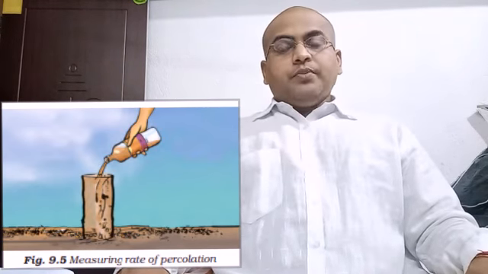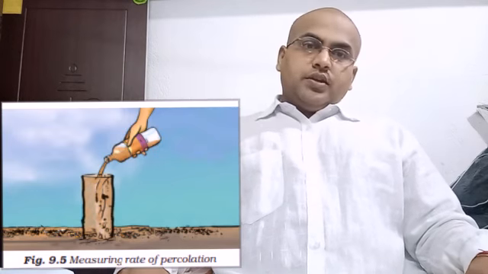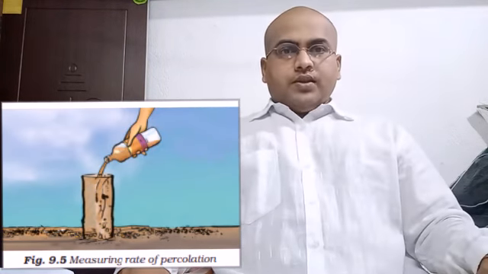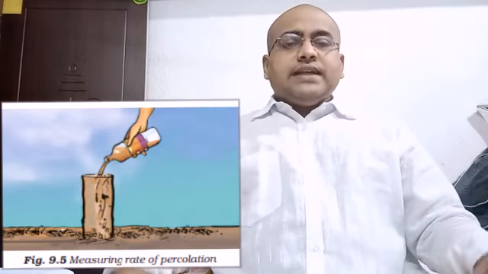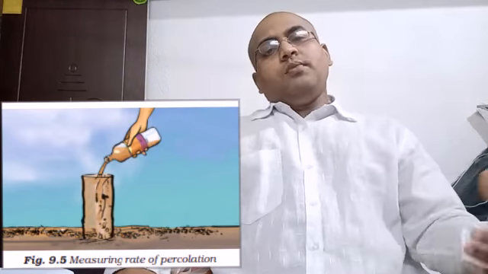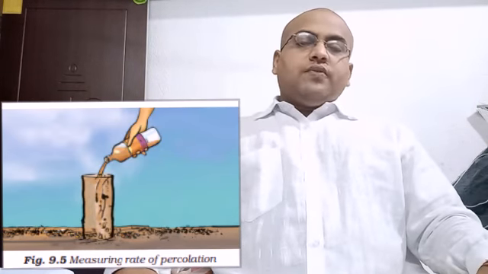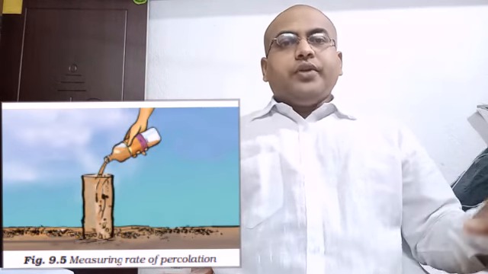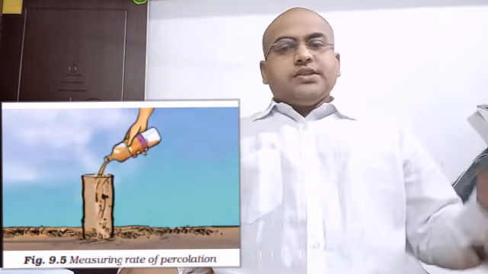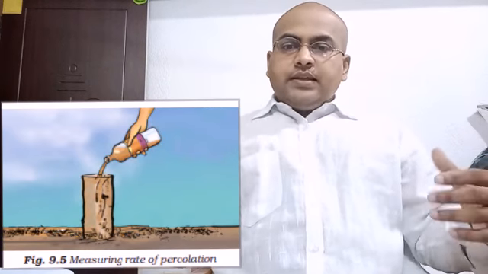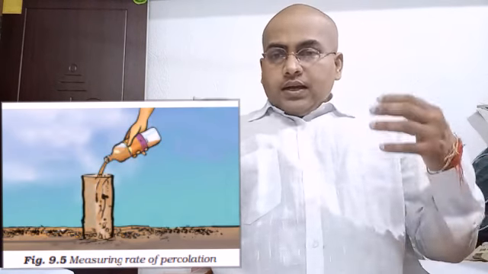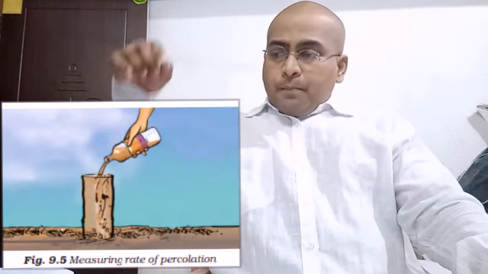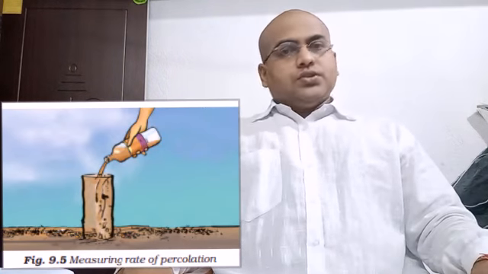They try to understand why this happens. This happens because of percolation rate. So what is the percolation rate of water in a soil? To understand that, we have to perform an activity. First of all, we divide our friends and ourselves into three groups, group A, B, C. Here we try to understand how fast water passes down in the soil.